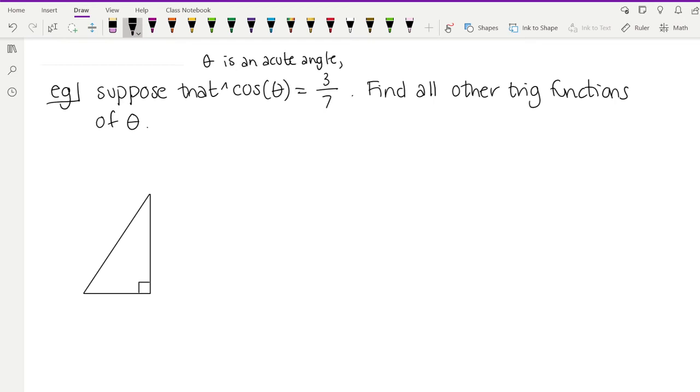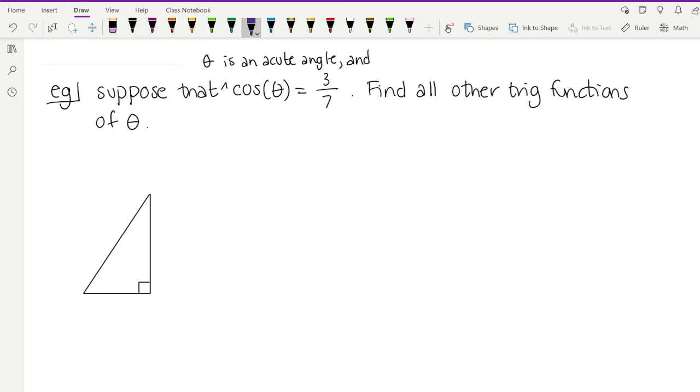The reason I need to add that fact is because otherwise we can't just draw a triangle. Otherwise, you would need to use the unit circle and consider whether things could be positive or negative. In this case, we know theta is an acute angle, and so we can just go ahead and draw a triangle.